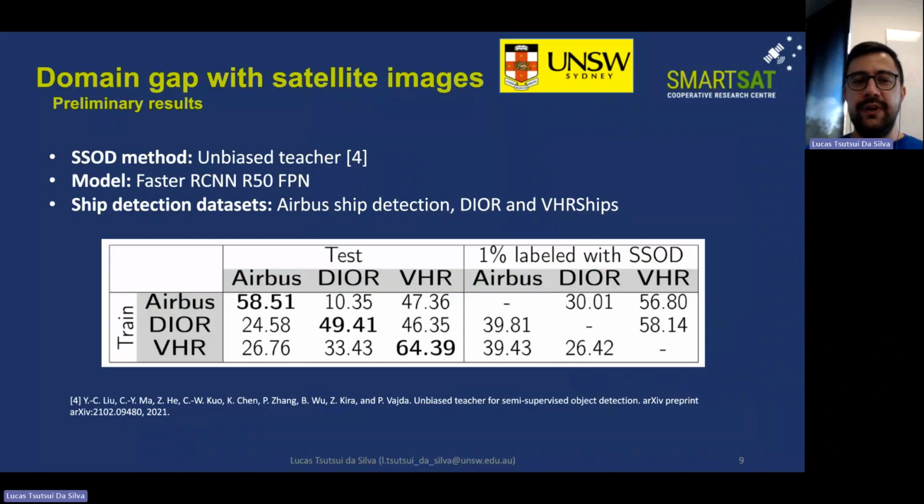However, if we assume that we have access to the training images of the second data set, the one that we use for testing, and also only 1% of these images are labeled, then we can apply SSOD and get better results.